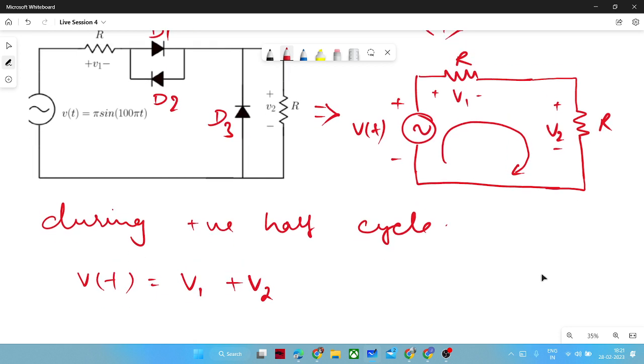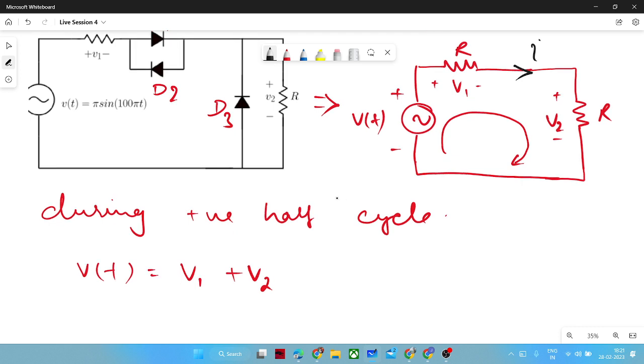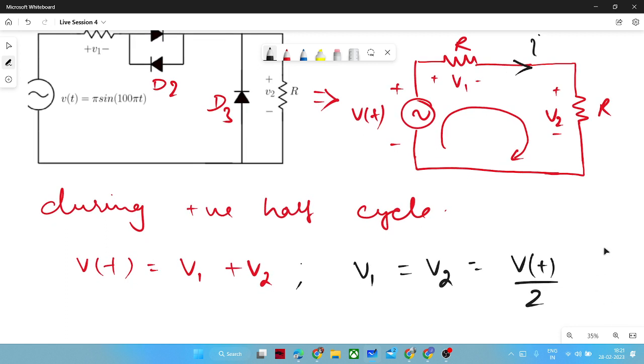And since both the resistance values are the same and all the resistances are connected in series, both the drops would be equal, right? So I can conveniently write V1 is equal to V2 is equal to VT by 2 during the positive half cycle only. Okay.